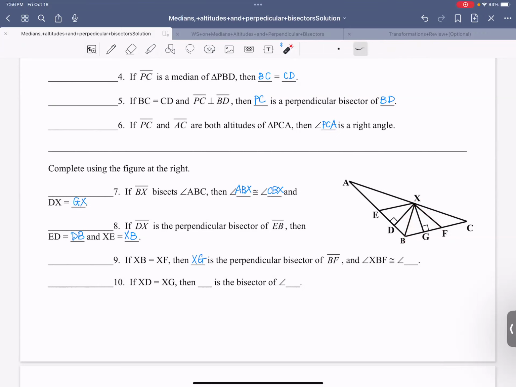But let's know why. If you know these two, if you draw these two congruent, then you also know this is 90 degrees. How can we give the conclusion that this is the perpendicular bisector? Let's try to prove these two to be congruent first. How do we get these two triangles to be congruent?